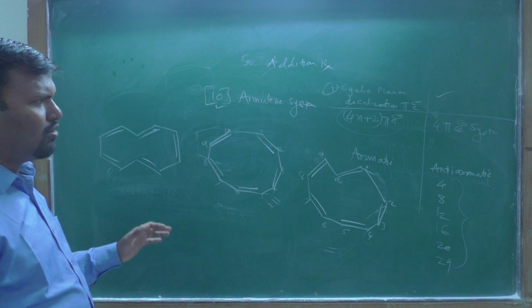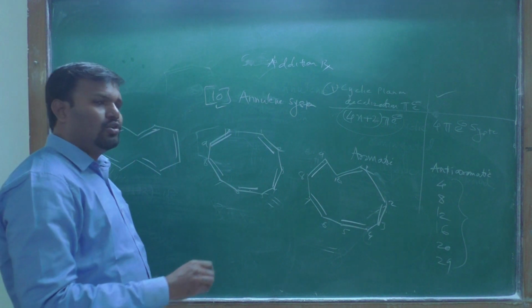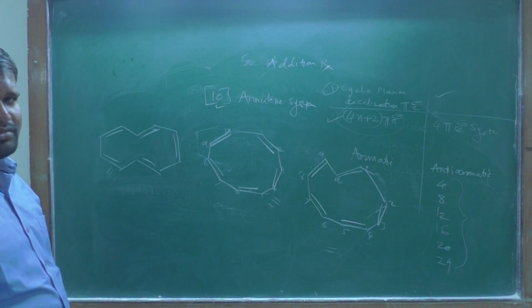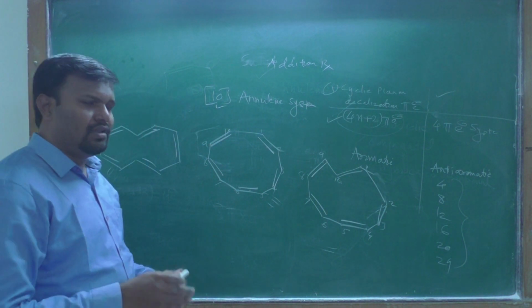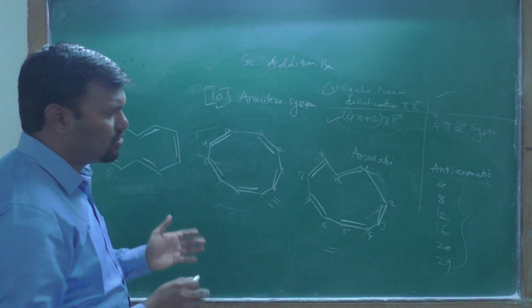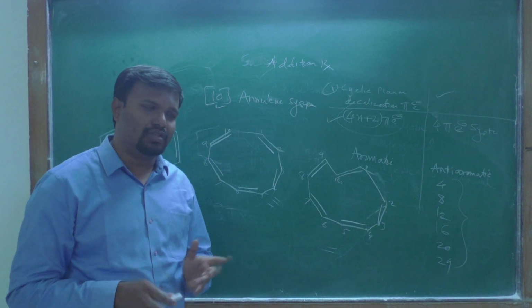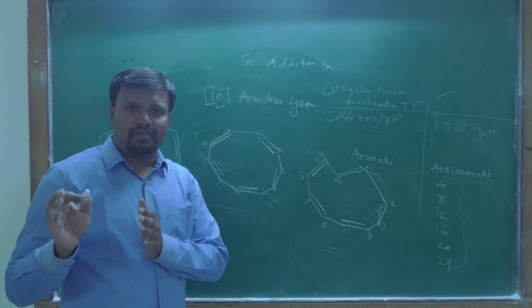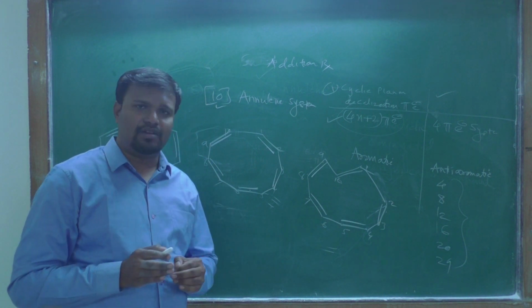It means there is a lack of cyclic planarity and delocalization, though it has the 4n plus 2 pi electron system. Huckel gave that number: if your compound has 4n plus 2 pi electrons, then your compound may come under the heading of aromatic compounds.